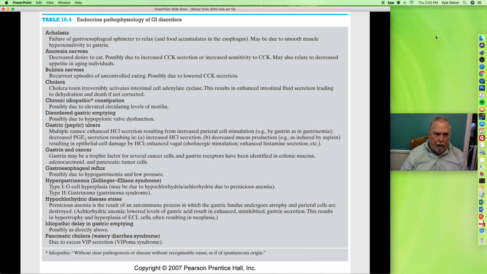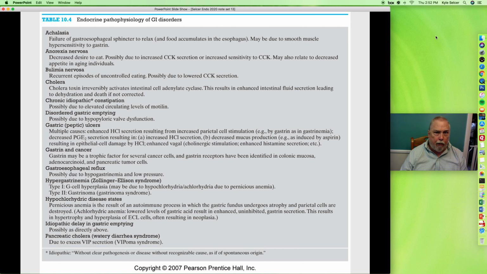Acid reflux can be caused by a breakdown somewhere in the stimulatory pathway for the acid, where you produce more acid than you should, or it can be a failure of the sphincter between the esophagus and the stomach, where you get stomach acid coming up into the esophagus, which it's not supposed to do.